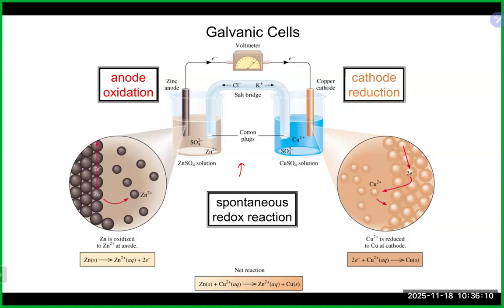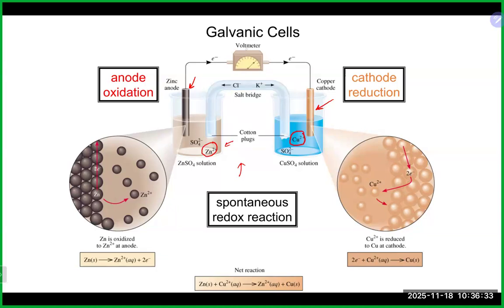You got a couple beakers, and within the beaker, we have a solution. In this particular one, we have zinc ion solution, which is zinc sulfate. We have a solid zinc electrode that's in that solution. In the other beaker, we got copper ions floating around and a solid copper electrode that's in there.